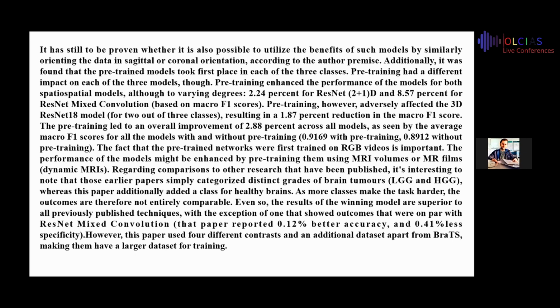Even so, the results of the winning model are superior to all previously published techniques, with the exception of one that showed outcomes on par with ResNet Mixed Convolution. That paper reported 0.12% better accuracy and 0.41 less specificity. However, that paper used 4 different contrasts and an additional dataset apart from BRATS, giving them a larger dataset for training.